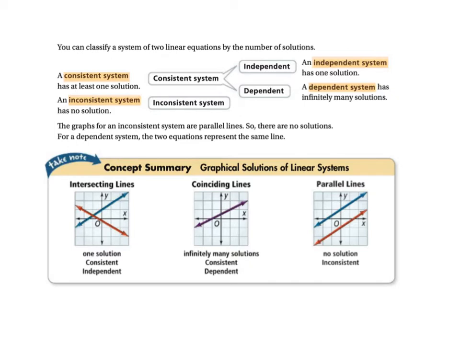Now, let's look at some examples to discuss how this could happen. If you have two intersecting lines, like this diagram on the left, that is one solution. It's a consistent system of equations because it has at least one solution, and it's independent because it has exactly one solution.